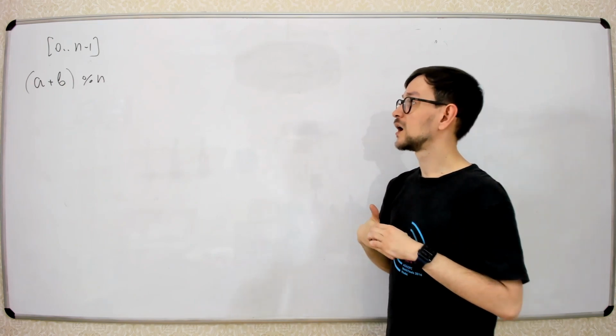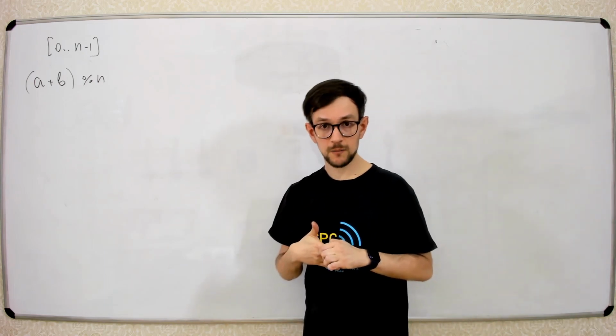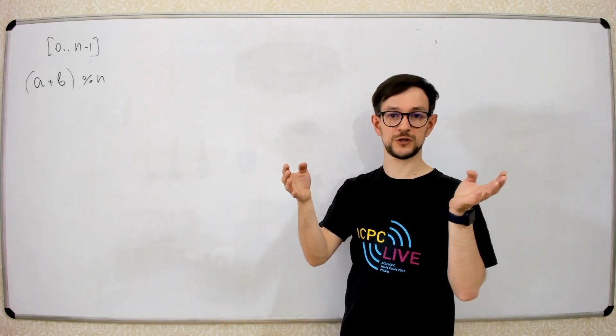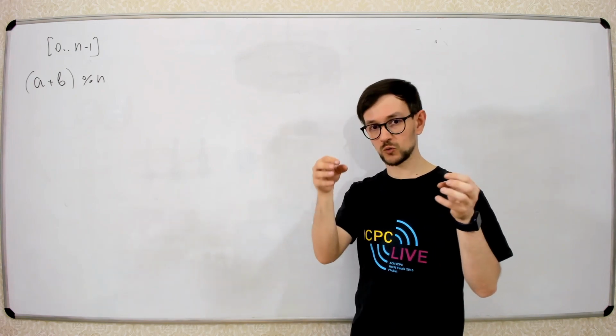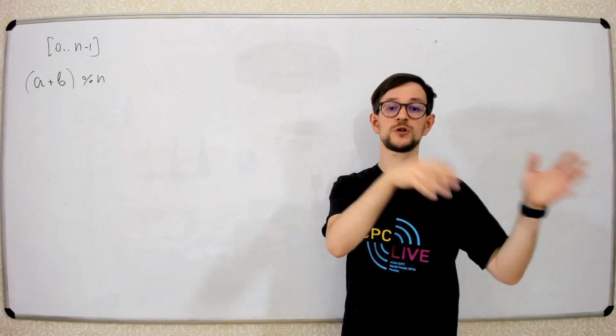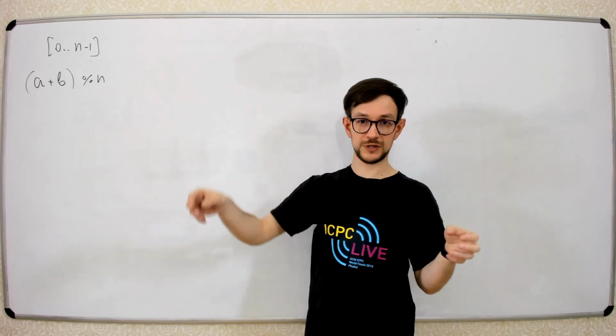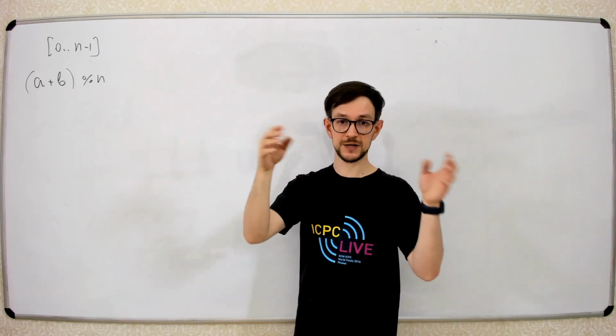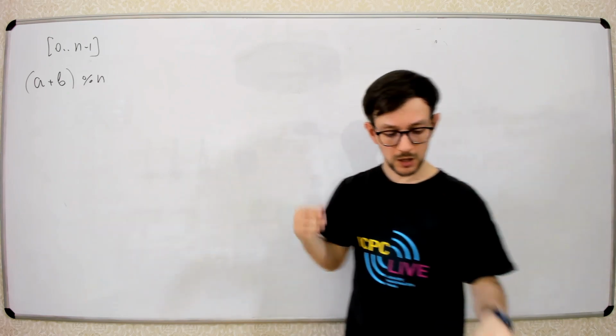Now, if you calculate the sum modulo n, it will keep the sum in the same small set of integers. The usual sum of two integers may be out of this set, but if you calculate it modulo n, it will still be inside the set from 0 to n minus 1. That's a cool thing.